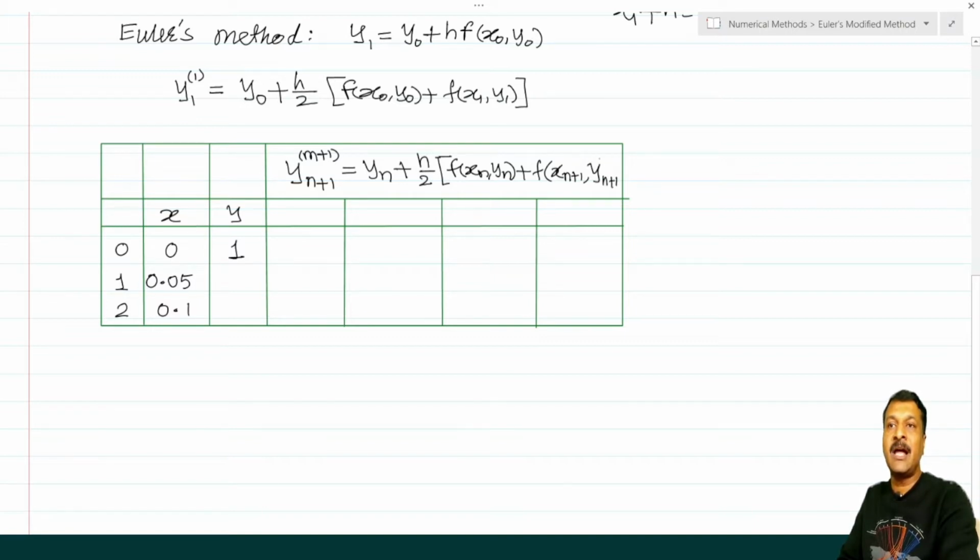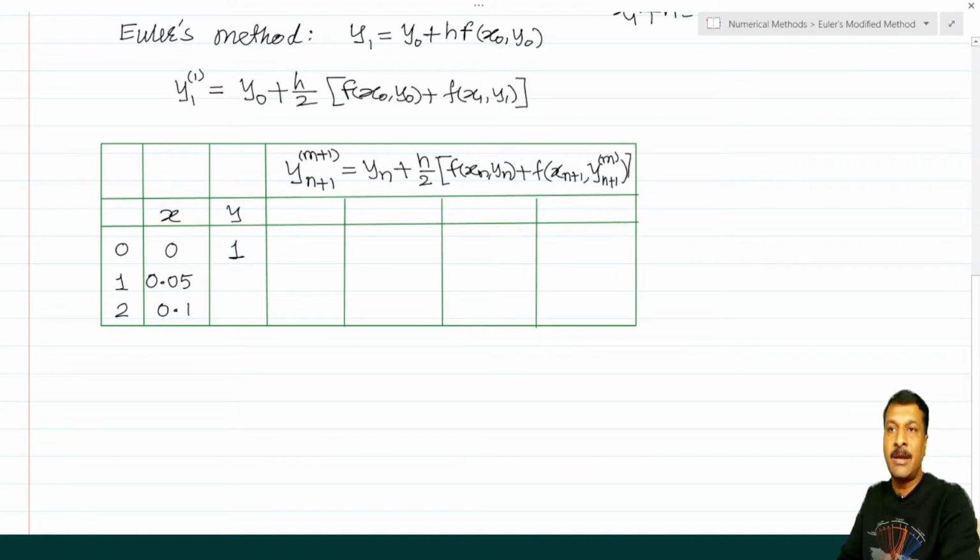But which is the last? It will be the last modified value. So I am getting this formula here. And here first improved value, second improved value, third improved value, or maybe the fourth improved value. Sometimes we'll get only up to the second or third, the confirmation value. So how? By example we'll see.